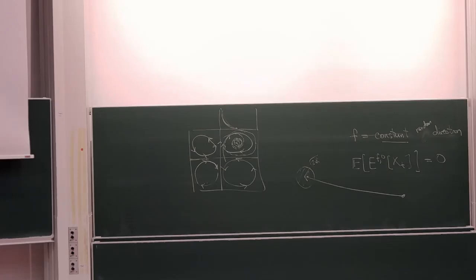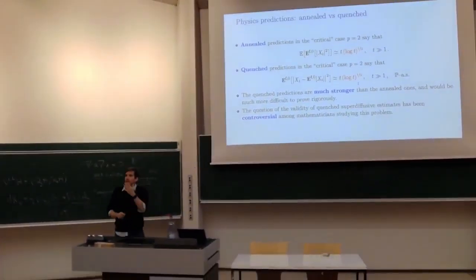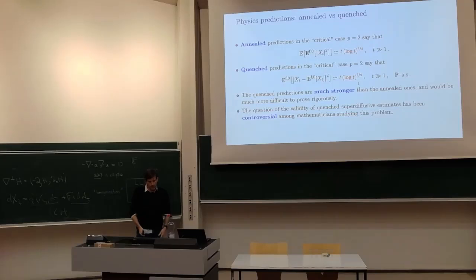And once in a while, the origin will be just by luck near a streamline that goes very far away. And if that happens, the particle goes really far away, much, much further, maybe t squared. But that happens so rarely that by the time you take the expectation, you get this log correction. And that's what they said. They said that this is what we think is happening. But the physicists actually predicted the quenched result.